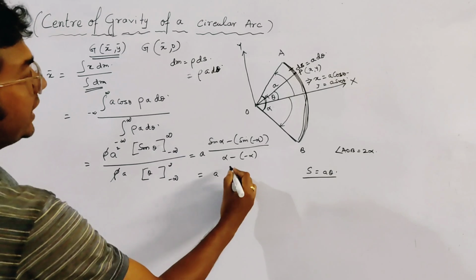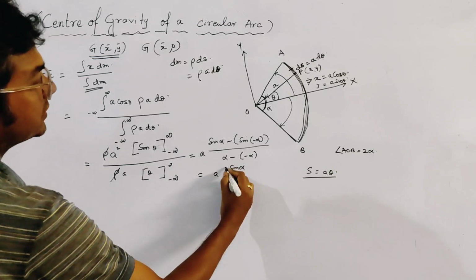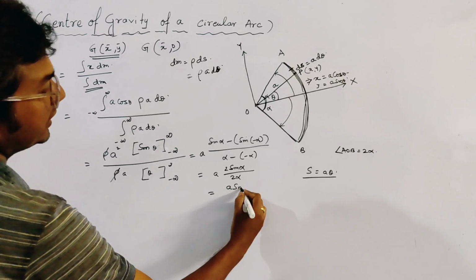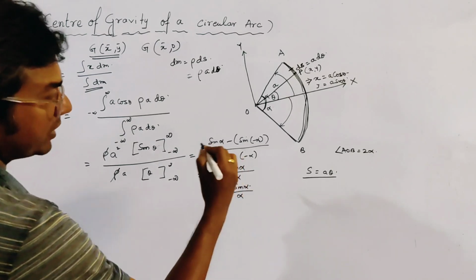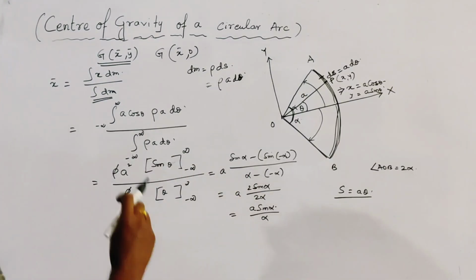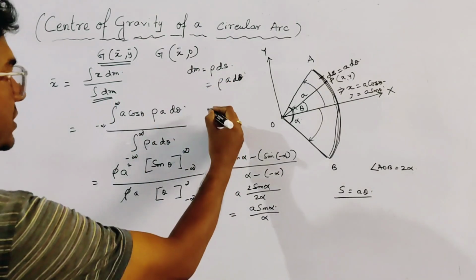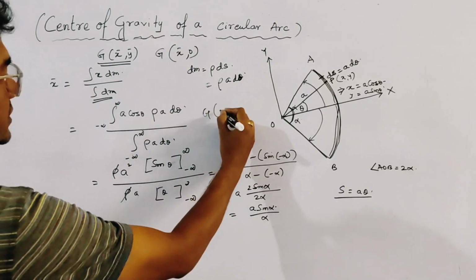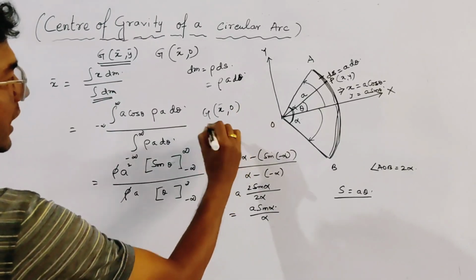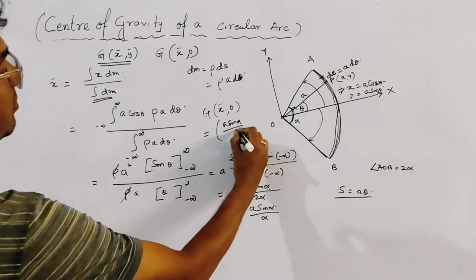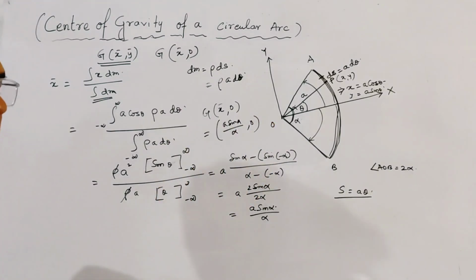So this is a into 2 sine alpha by 2 alpha, which gives a sine alpha by alpha. Hence the coordinate of CG of the circular arc is G equal to x bar comma 0, given by a sine alpha by alpha comma 0.